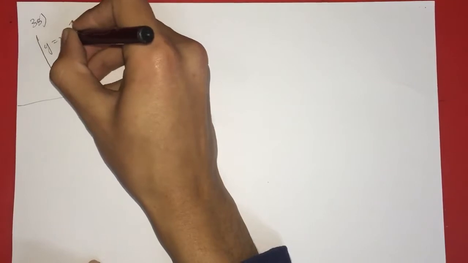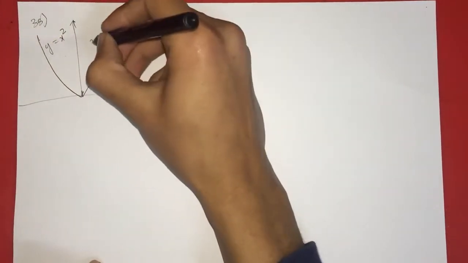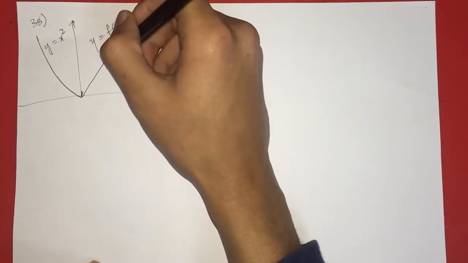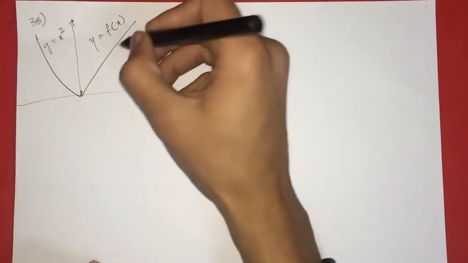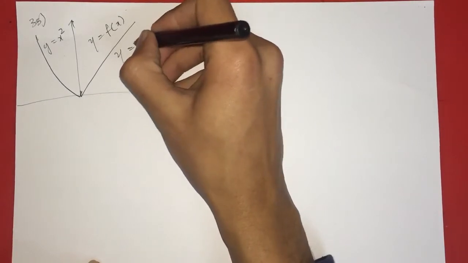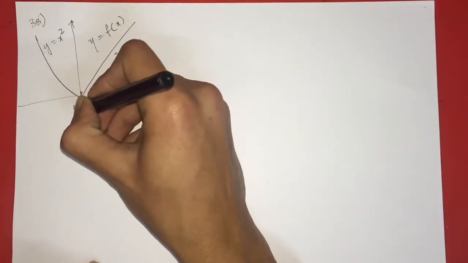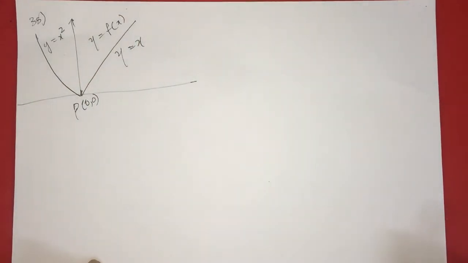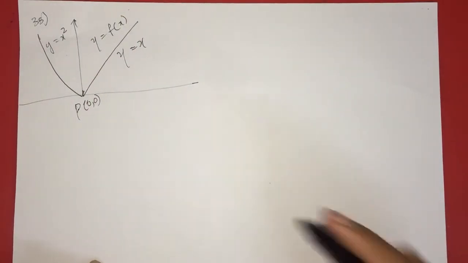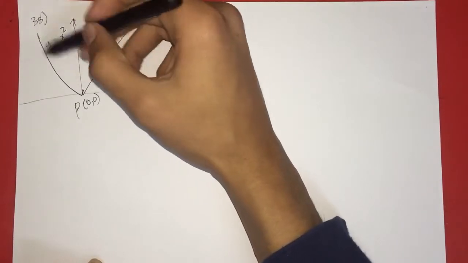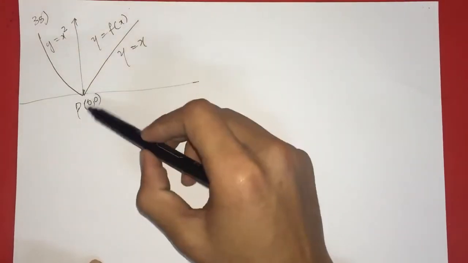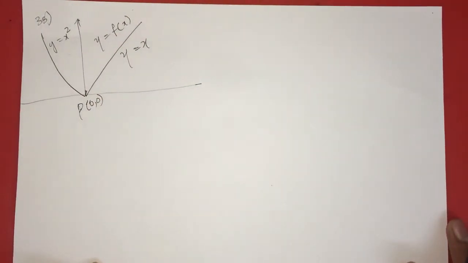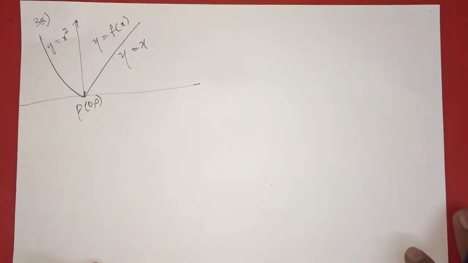We have y equals x square, and we have y equals f of x, and this line is y equals x, and this point is 0 0. Alright, so the condition for the derivative to exist is when the slope of this function is equal to the slope of this function, meaning the left hand derivative is equal to the right hand derivative.